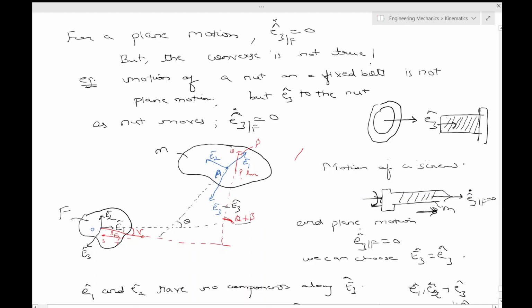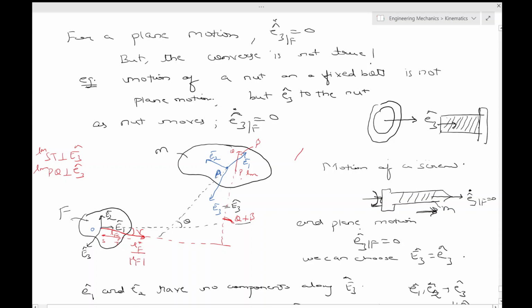So ST is perpendicular to big E3, and PQ is perpendicular to small e3. Okay, this is LM, this is LF. So this solid line which you see is actually in the direction of LF only.